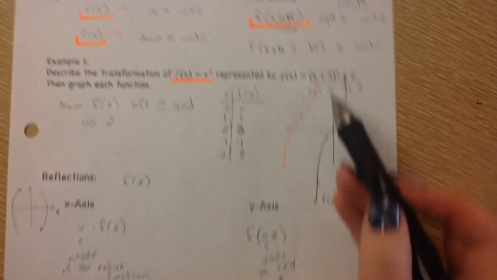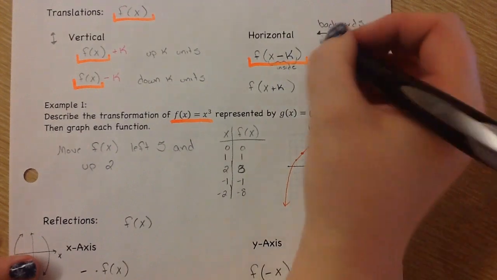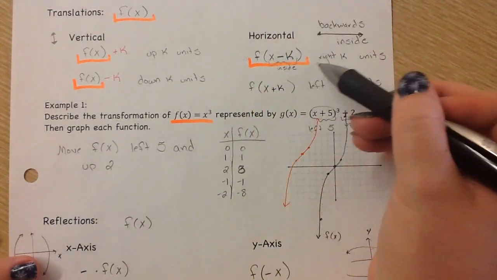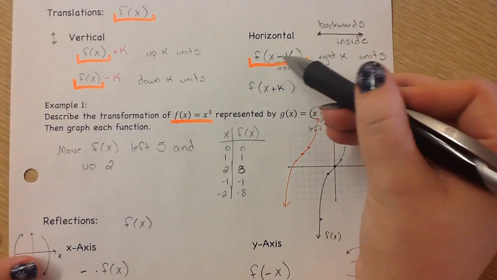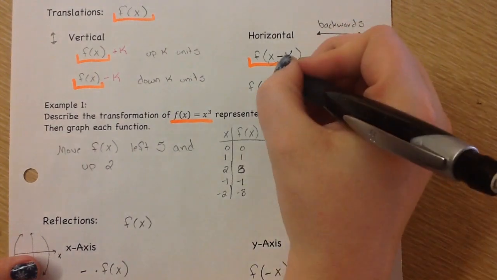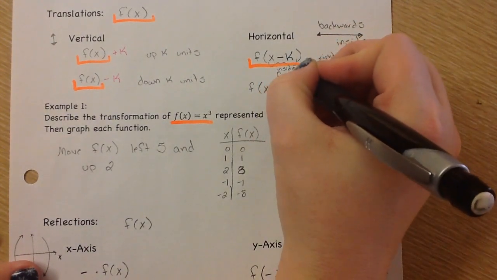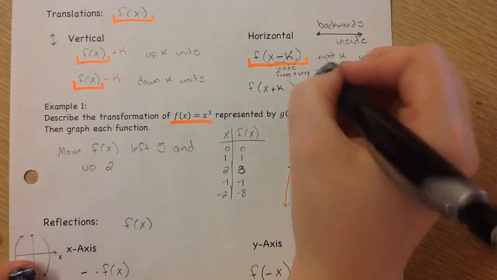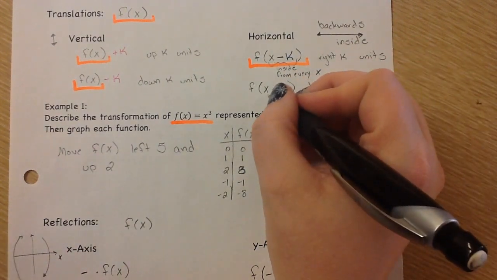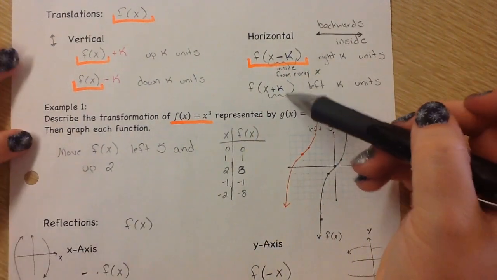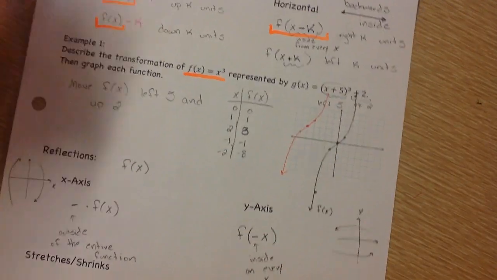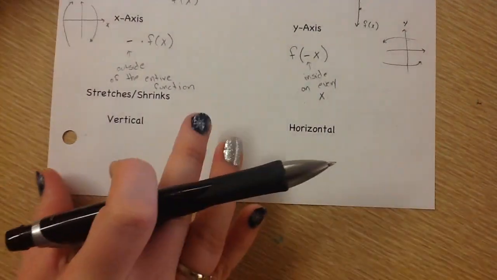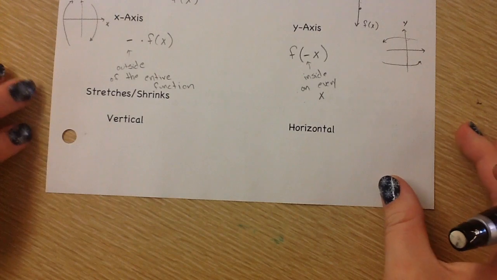That's kind of like my horizontal shift: if I want to move it to the right k units, I need to subtract k inside from every x. Same here, this plus k needs to be added to x on every x. We'll do a couple examples of what that looks like in a minute.